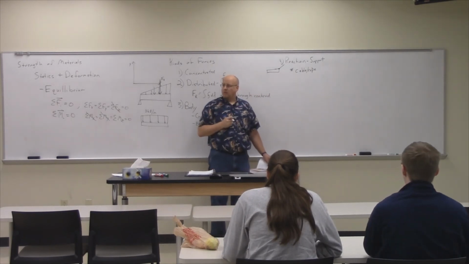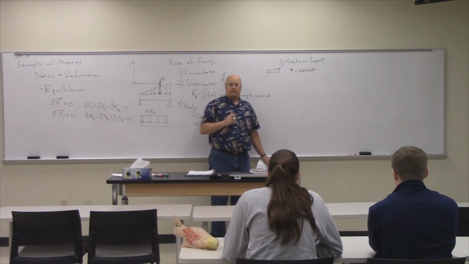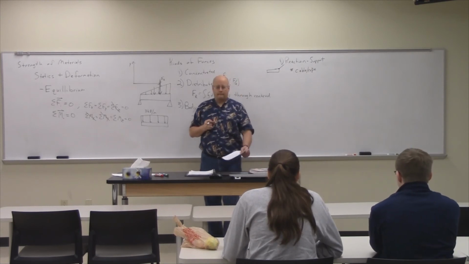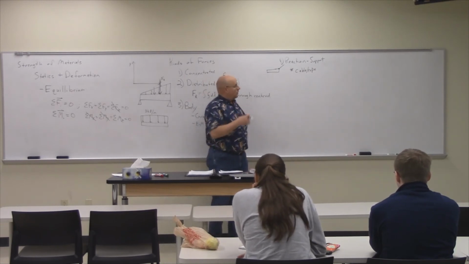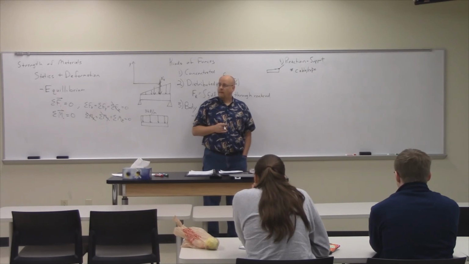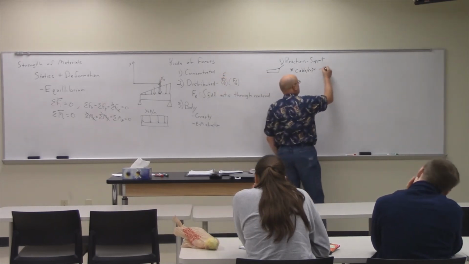How many unknowns do I have? How many forces does that cable or rope generate? One. Okay, I'll give you credit because you had the one up first. Yes, it generates one. There's one force.